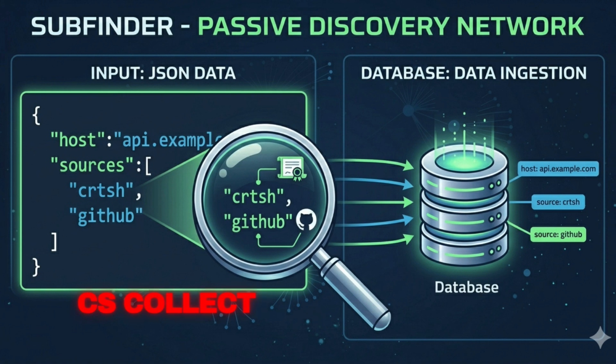Add -cs, collect sources, to see which sources found each subdomain. This is gold for deduplication and trust scoring. You can later say, I trust crt.sh more than a random pastebin dump.